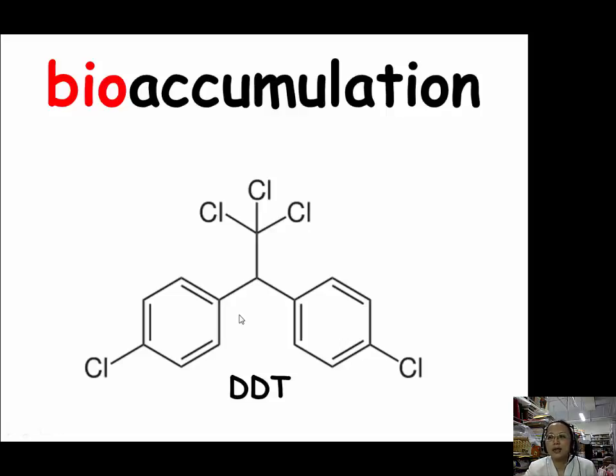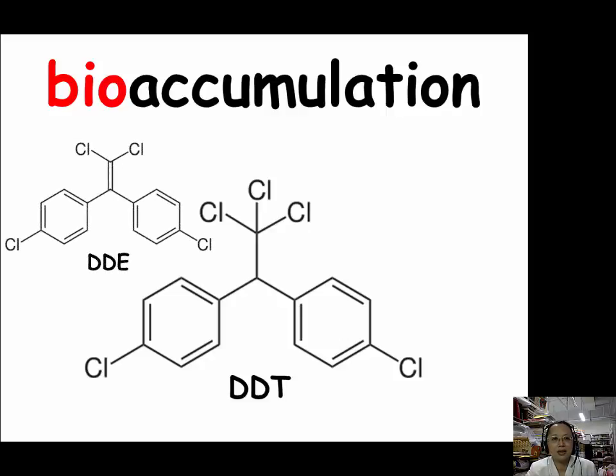For example, one of them, a toxicologist, David Peakall, was measuring DDE, one of the major metabolites of DDT, in the eggs of falcons and California condors, and he found that increased levels of DDE corresponded with thinner shells. This is a structure of DDE.